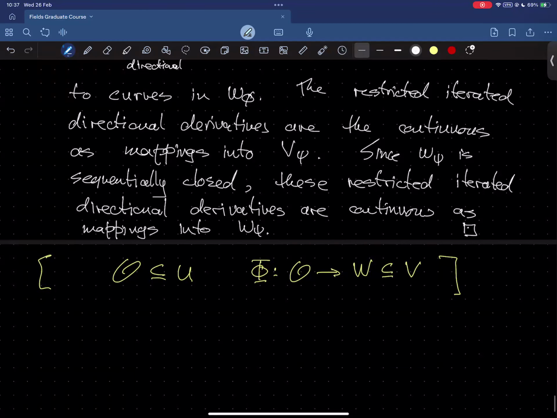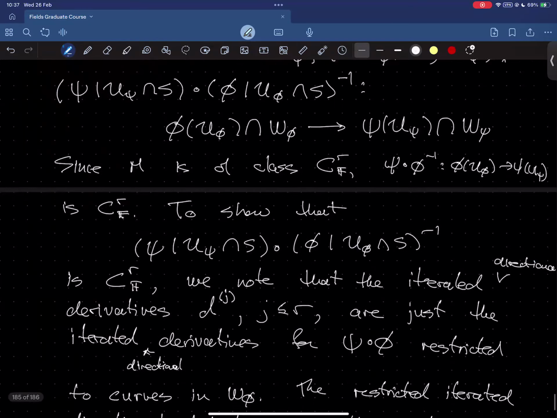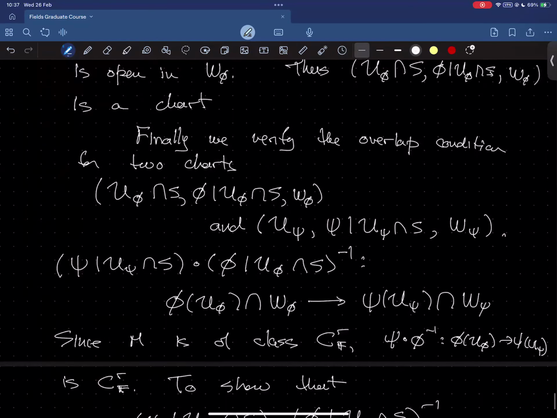And so that shows that the overlap mappings for the submanifold charts are class CR.